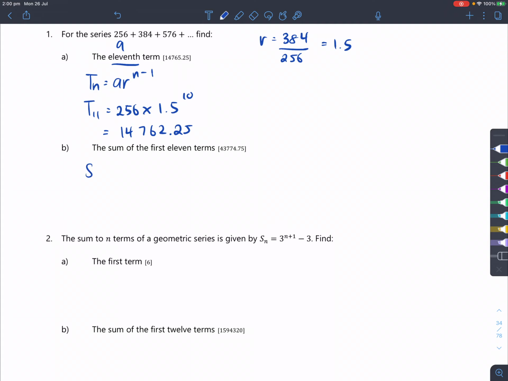Now we're going to find the sum of the first 11 terms, S11. Before we do that, we need the formula. Sn is a times r to the power of n minus 1, over r minus 1. To find this, we put in A as 256, and r is 1.5, to the power of n, so n in this case is 11 terms, minus 1, over r, which is the ratio, once again 1.5, minus 1.